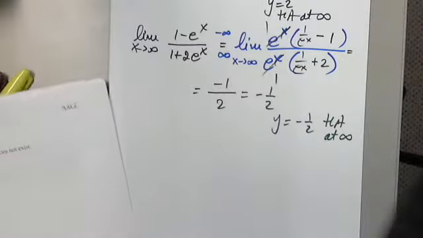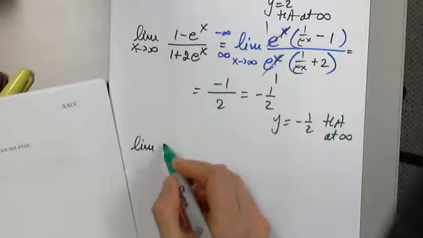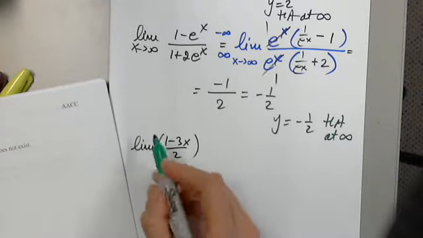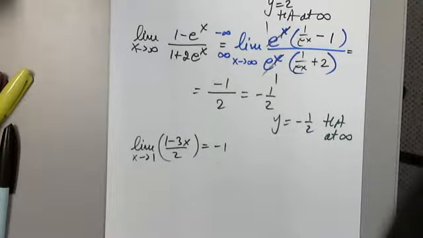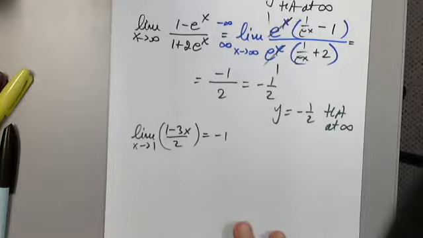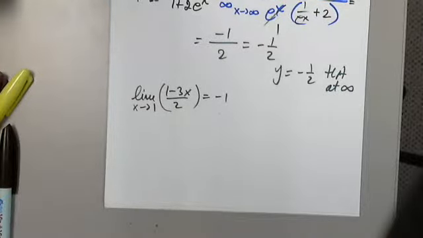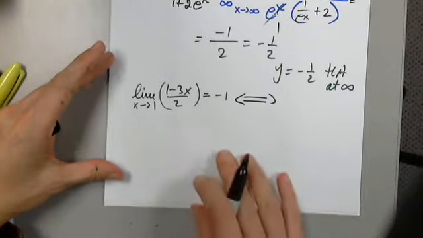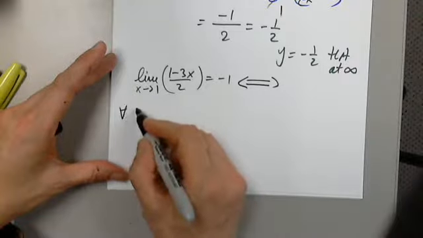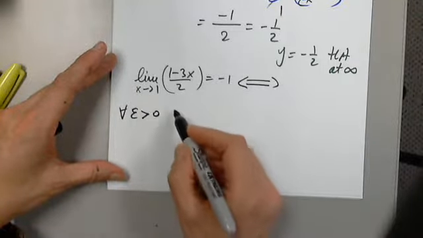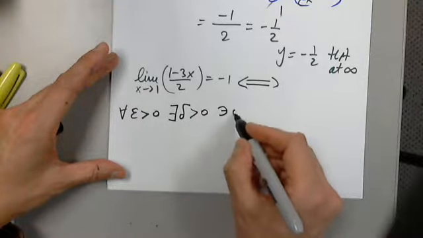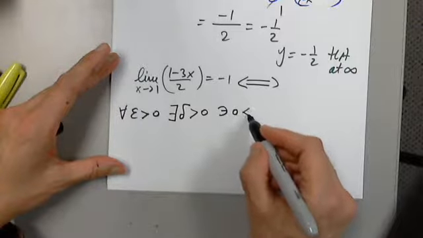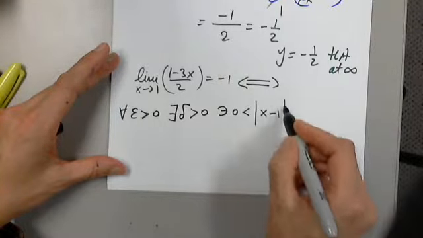Okay, so show that the limit of 1 minus 3x divided by 2 as x approaches 1 from either side is negative 1 using the precise definition, or also called epsilon delta. Where is the starting point? What do I need to do? You need to write the definition. This is equivalent to, for any epsilon value greater than 0, there exists a value of delta that is greater than 0, such that 0 is less than the absolute value of x minus 1 is less than delta.